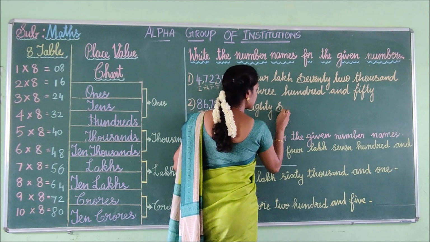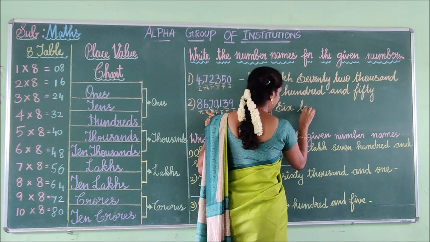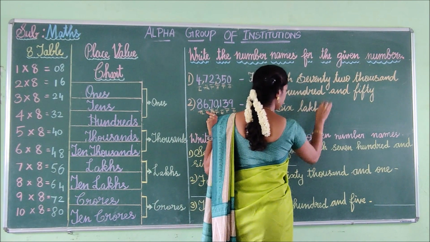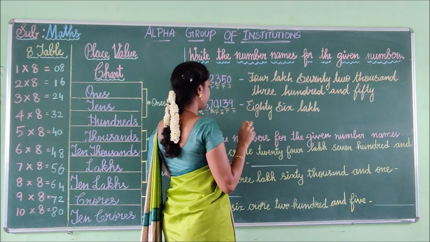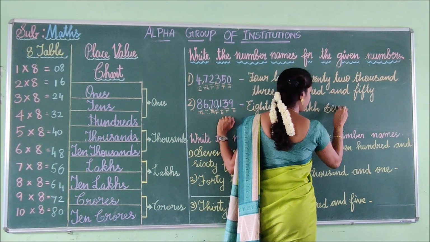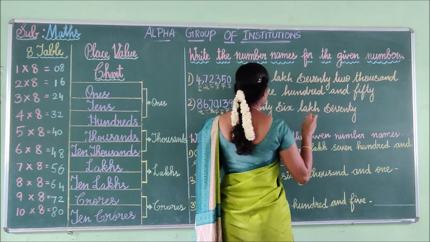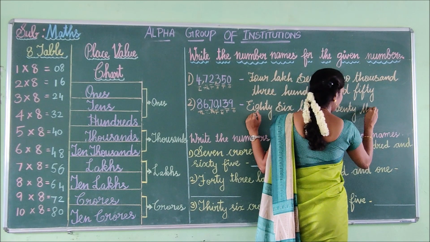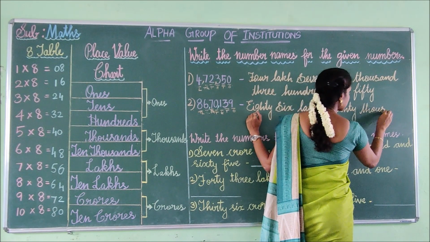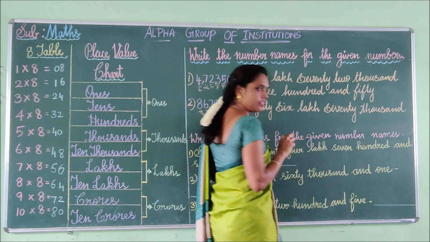86 lakh. Six. 70,000. Seventy. Thousand. 70,000.